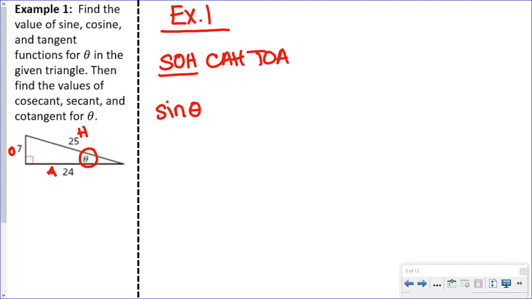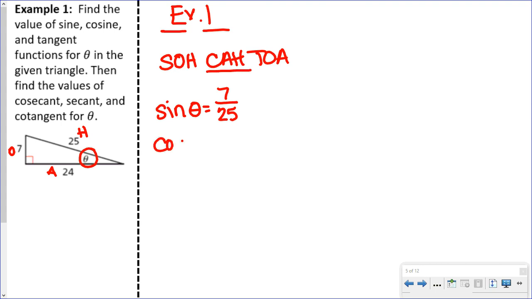So sine of theta is O over H. So I look at my picture, O is 7, H is 25, so it's 7 over 25. Okay. Now let's do cosine.